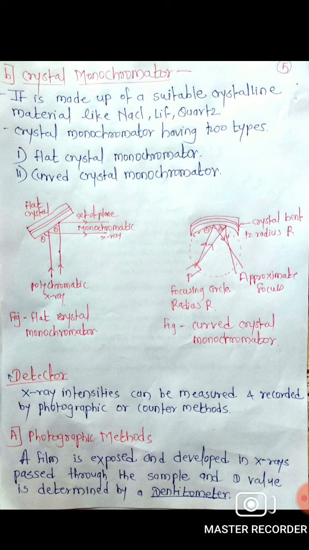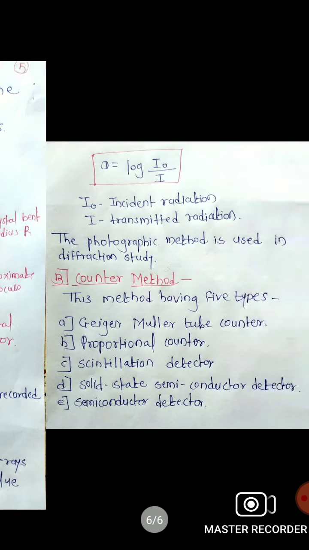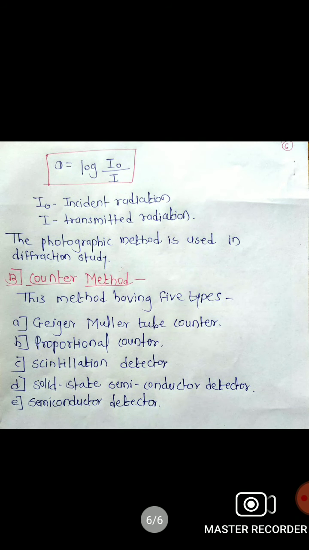The blackening of the developed film is expressed in density units. D is given by D = log(I0/I), where I0 is the incident radiation and I is the transmitted radiation. The photographic method is used in diffraction study.